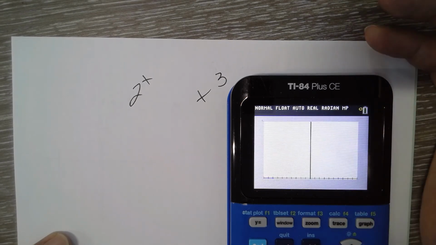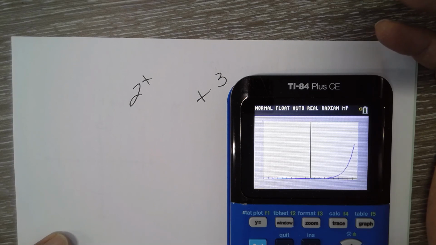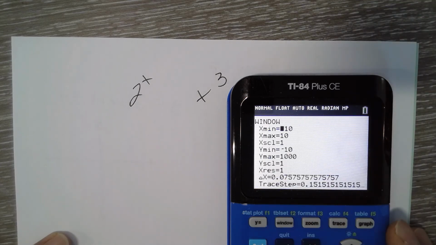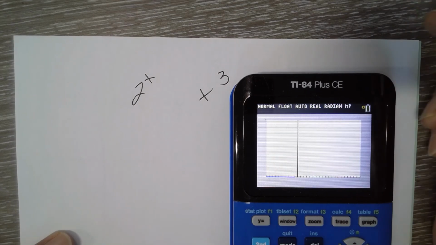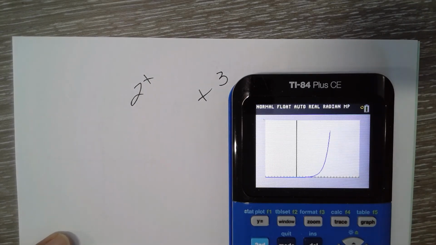So we'll go to 1,000. Oh, it's catching up. I'm going to have to increase my x max to 20, and I'll go to 2,000 now. The cubic had a really good start, but it's not going to win. So exponential is going to win.